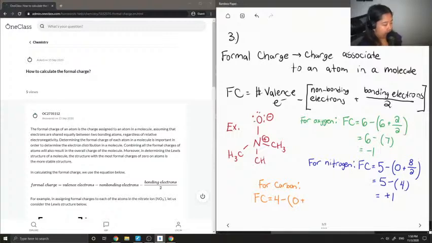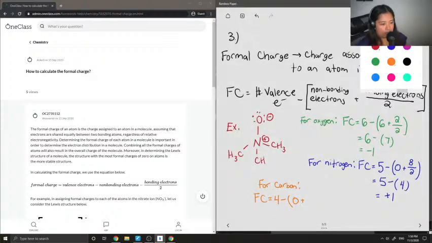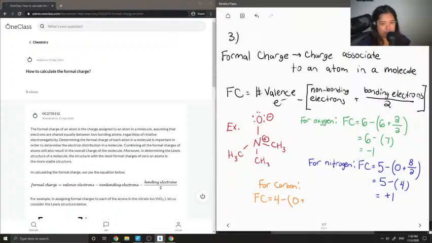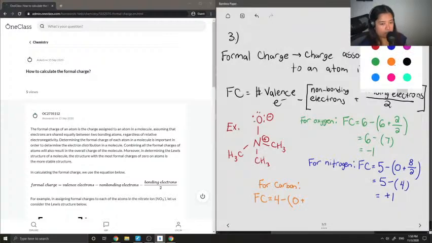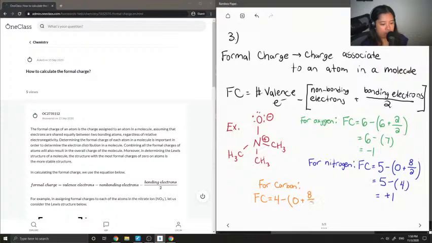And each carbon has 4 bonds attached to it, because there are 3 hydrogens and then a single bond to nitrogen. So again, I'm just going to do 8 over 2. This is the same thing as saying 4 minus 4. So each carbon has a formal charge of 0. We can also double check and see if this makes sense. Nitrogen has a +1 charge and oxygen has a -1 charge, so the entire molecule is neutral.